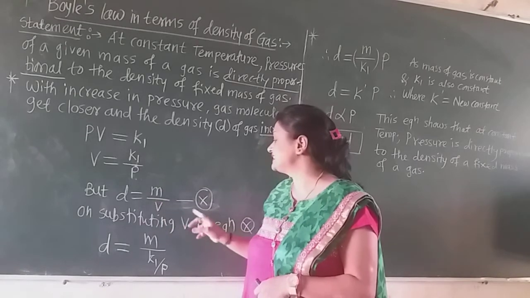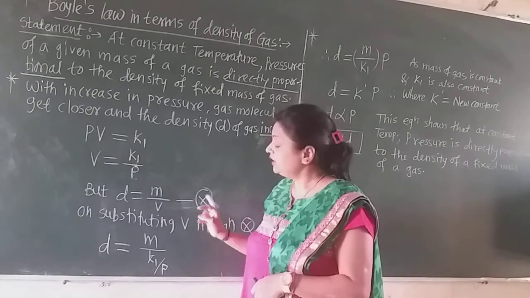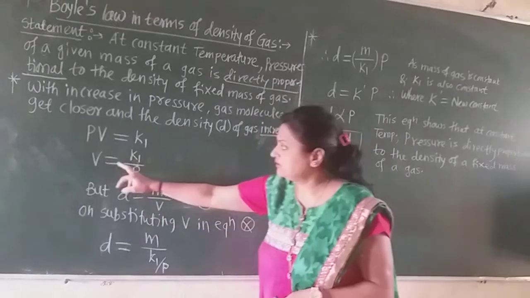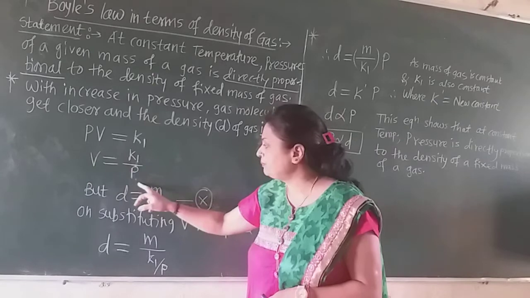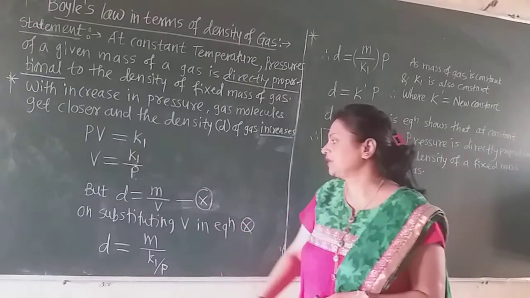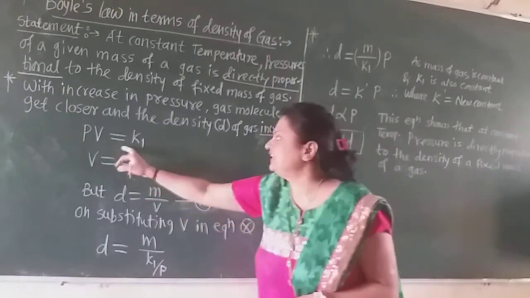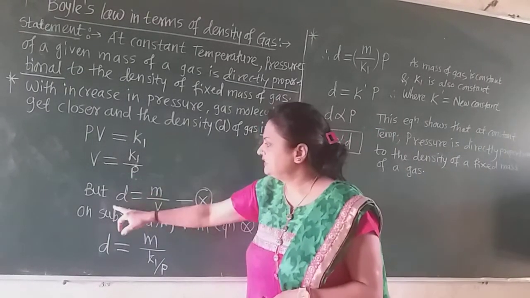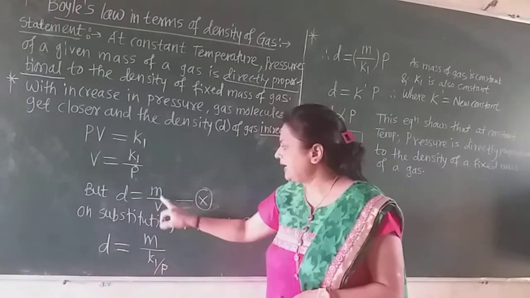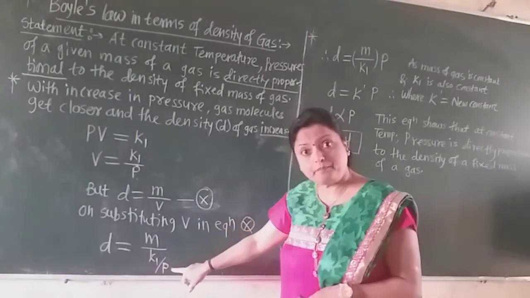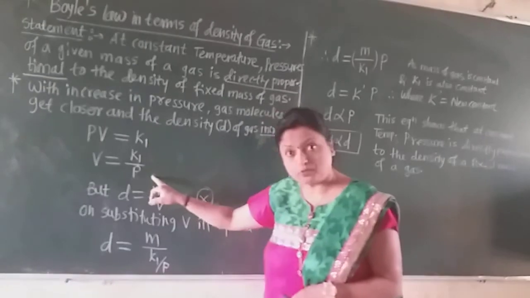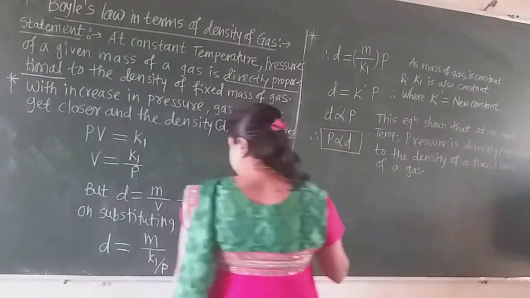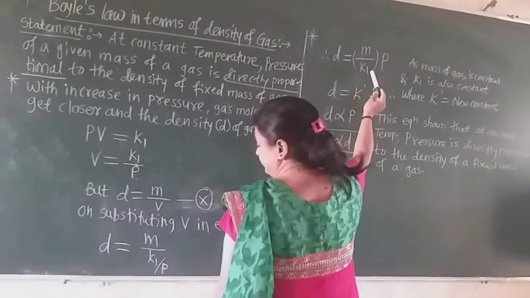Suppose this is equation X. Now substitute the value of volume, K1 upon P, in equation X. On substituting, what do we obtain? Density D is equal to M divided by K1 upon P.